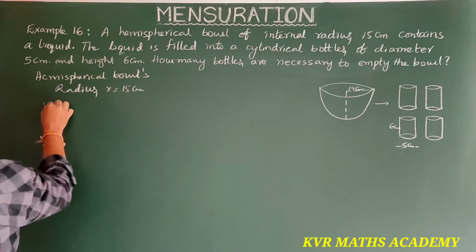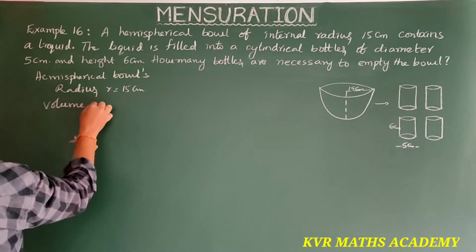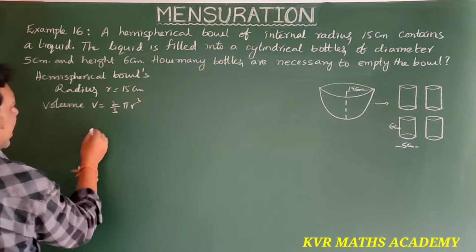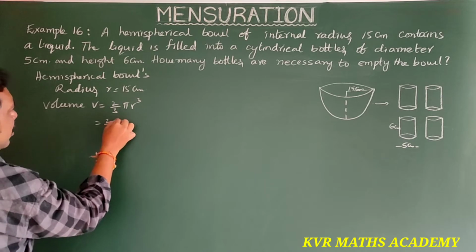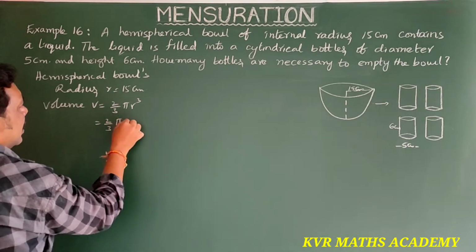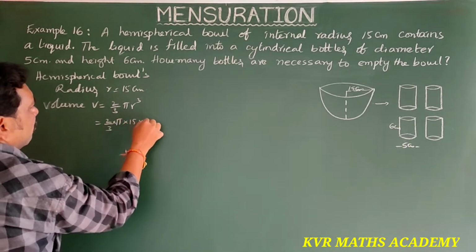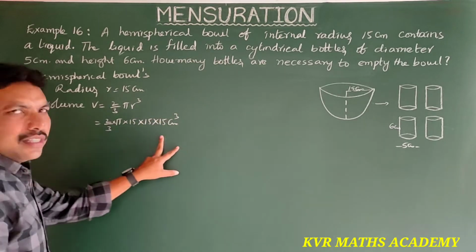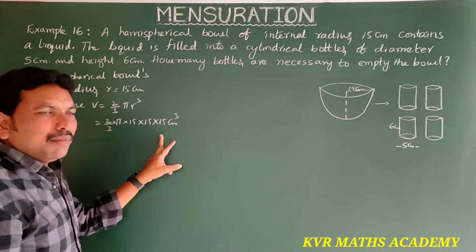Its volume V is equal to 2 by 3 pi r cube, so 2 by 3 into pi into 15 into 15 into 15 centimeter cube. Keep it like this, don't simplify.